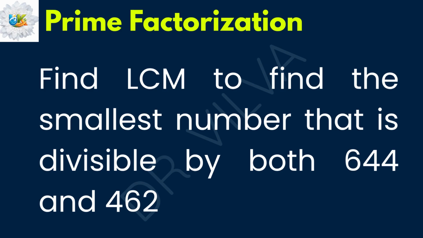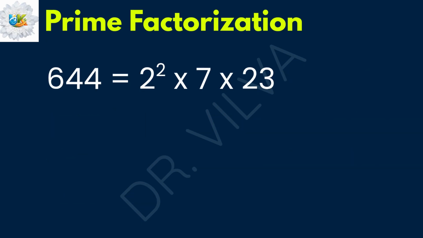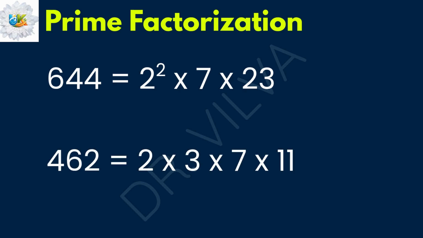To find the smallest number divisible by both numbers, we need to find the least common multiple, that is LCM. We will use the prime factorization method for this. Prime factorization of 644 is 2 square times 7 times 23. Prime factorization of 462 is 2 times 3 times 7 times 11.